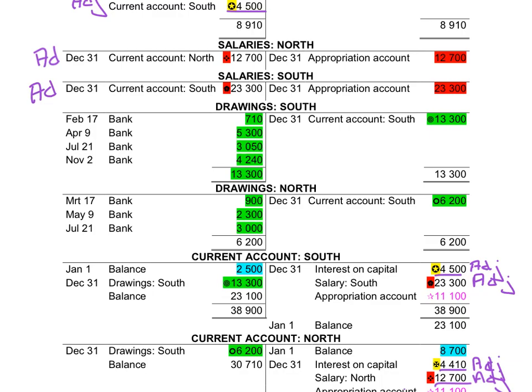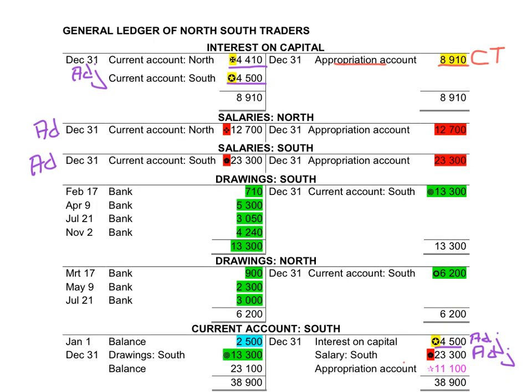Then we will close our salaries account, so we will complete a closing transfer, and we will credit the salaries account to close the account, and we will debit the appropriation account to close the nominal account and transfer it to the appropriation account.